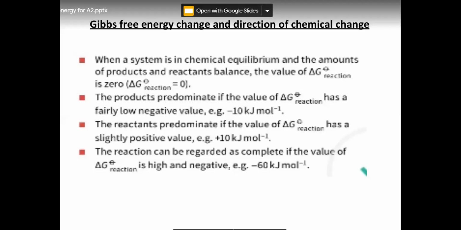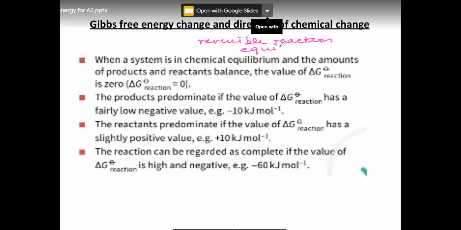All right, going ahead. Now it talks about the Gibbs free energy change and the direction of the chemical change. That means they are talking about reversible reactions. Reversible reactions are going to attain an equilibrium state.